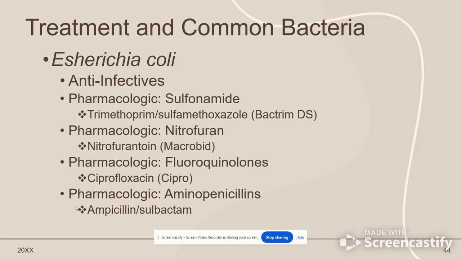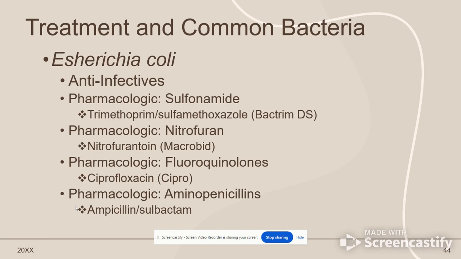So again, the most common bacteria associated with UTI is E. coli. The best treatment for this are anti-infectives of sulfonamide, which is Bactrim, nitrofuran, which is Macrobid, fluoroquinolones, which is ciprofloxacin, and aminopenicillins, which is like ampicillin.